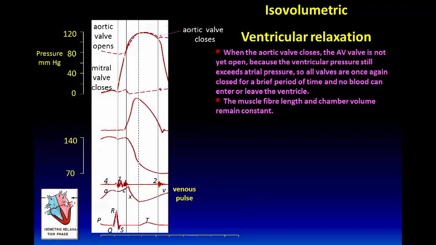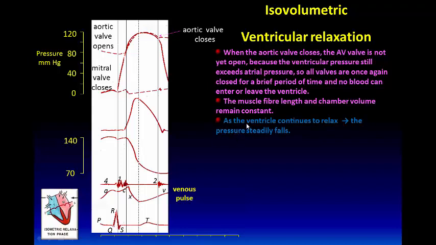The muscle fiber length and the left ventricular chamber volume remain constant at the end systolic volume, which is 65 milliliters of blood. The importance of this phase lies in the fact that, because of the isometric relaxation of the ventricular musculature, the left ventricular pressure drops markedly.